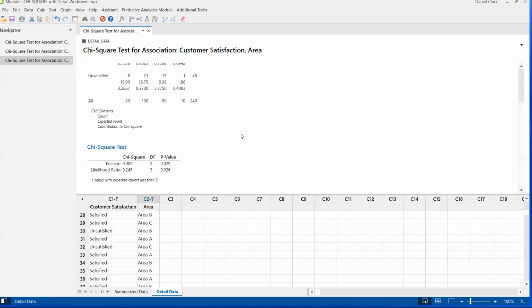So the chi-square test is analogous to the ANOVA. When we're doing tests of averages before, we had a one sample t-test, a two sample t-test, and then ANOVA. When we're looking at proportions, you get a one proportion test, a two proportion test, and then chi-square.